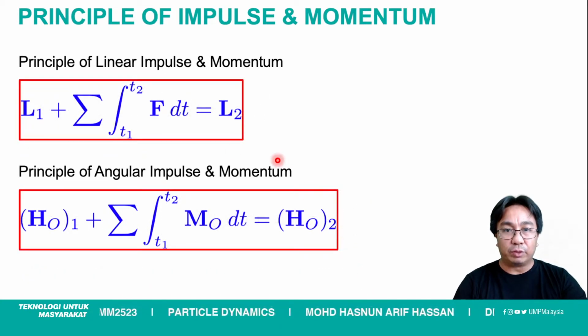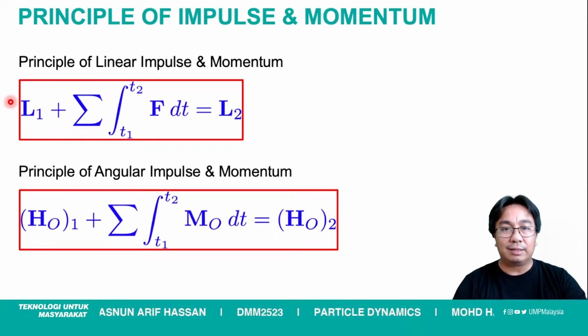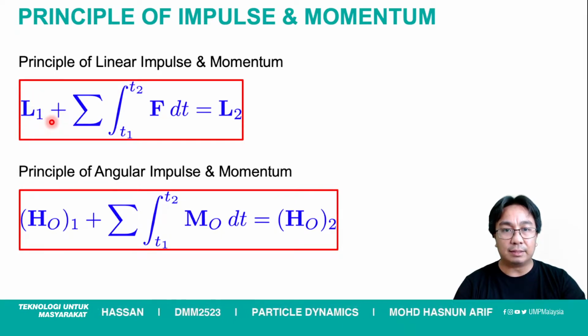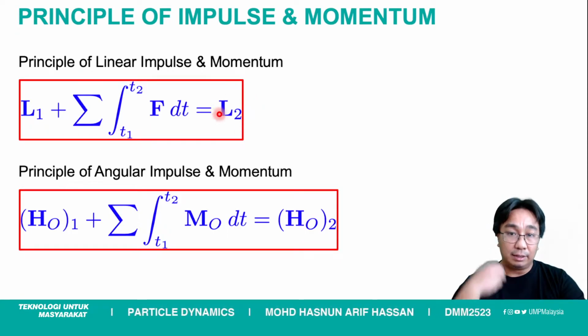And previously we wrote the principle of linear impulse and momentum as L, the initial linear momentum, plus the total impulse equals the final linear momentum.